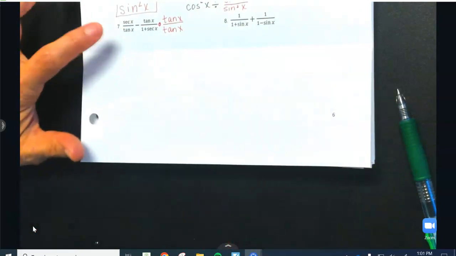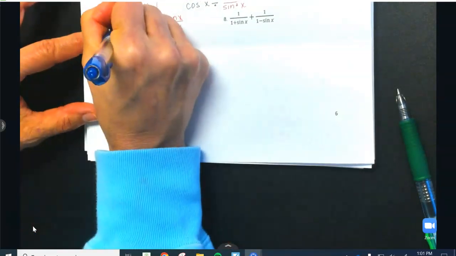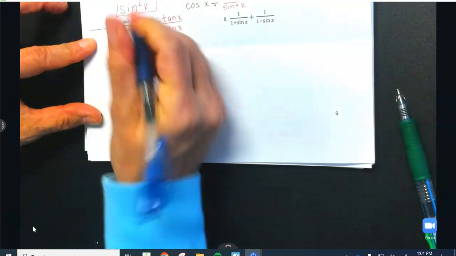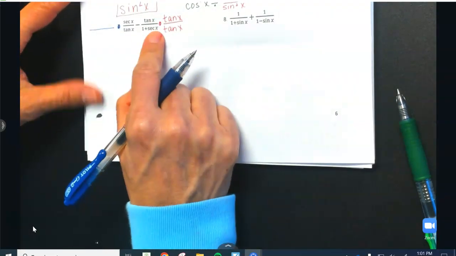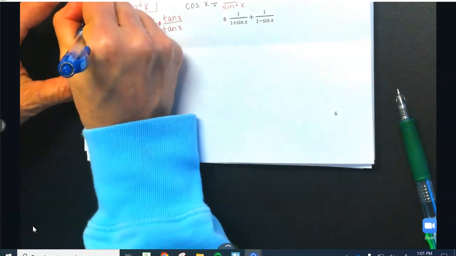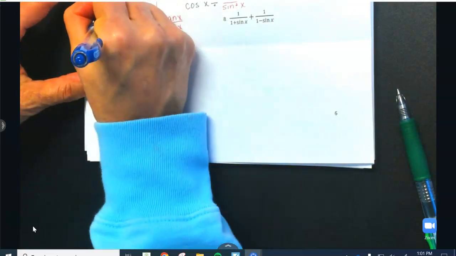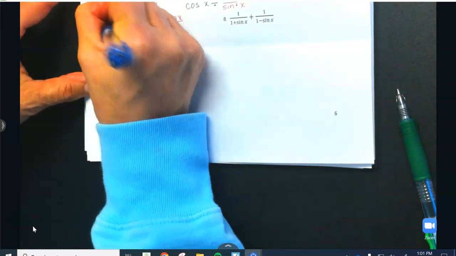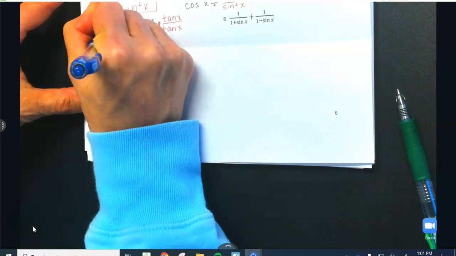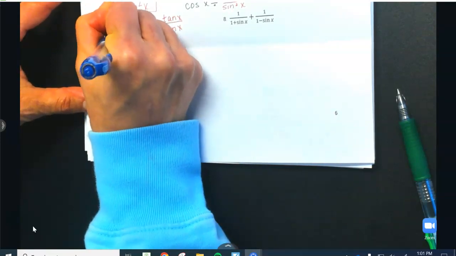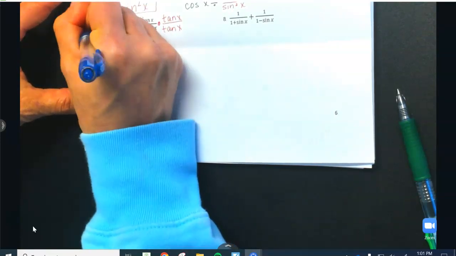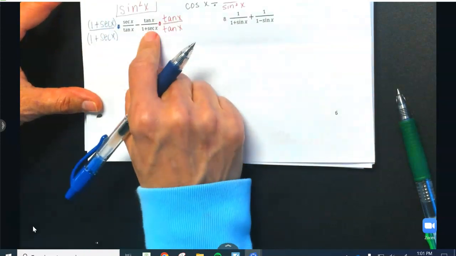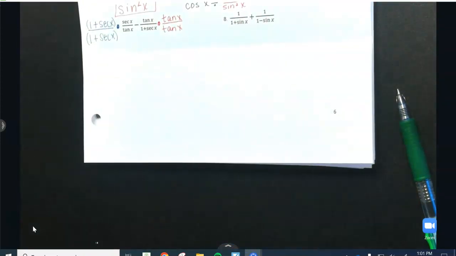Then we're going to take the first fraction and we're going to multiply it by that denominator. And y'all, I'm going to put this in parentheses because the whole thing was down there, and I don't want to lose anything.